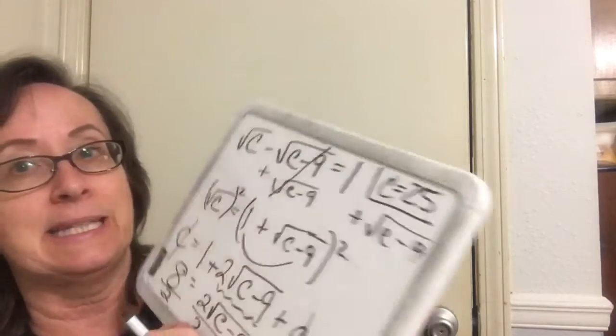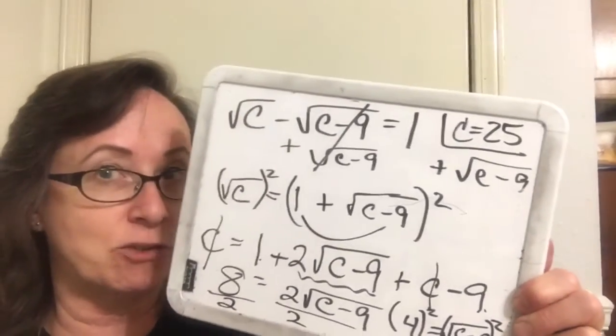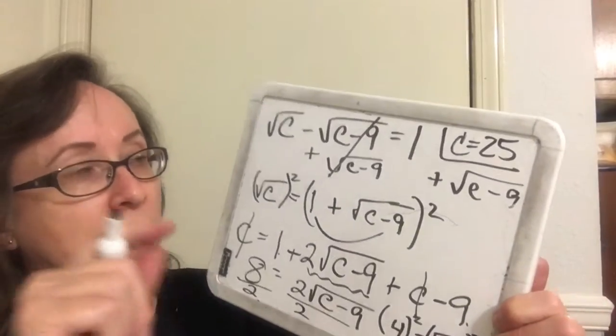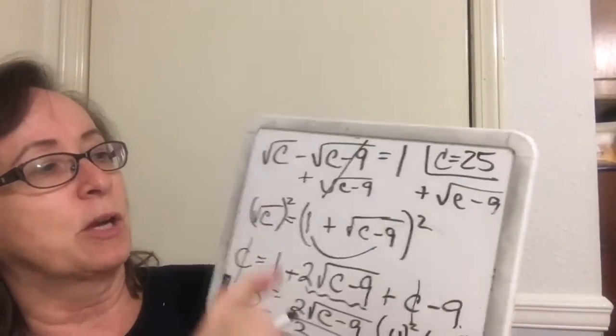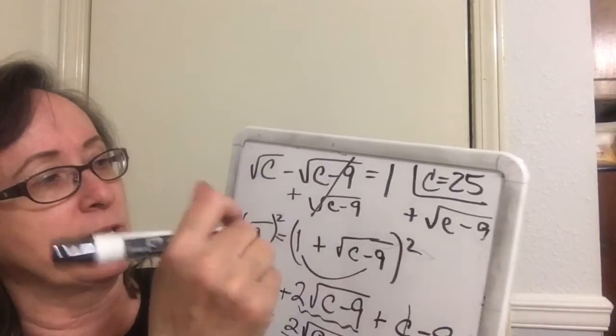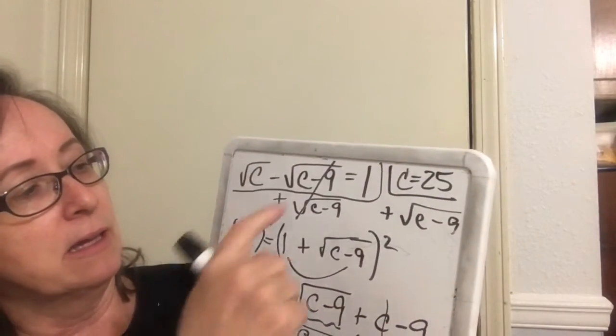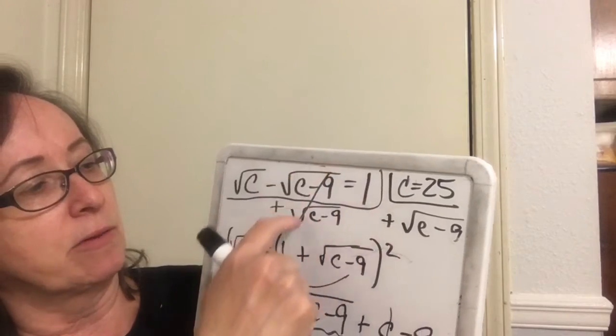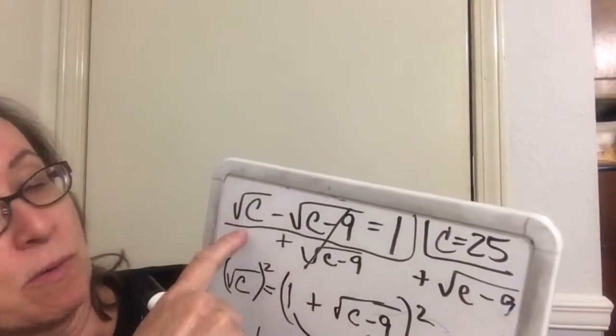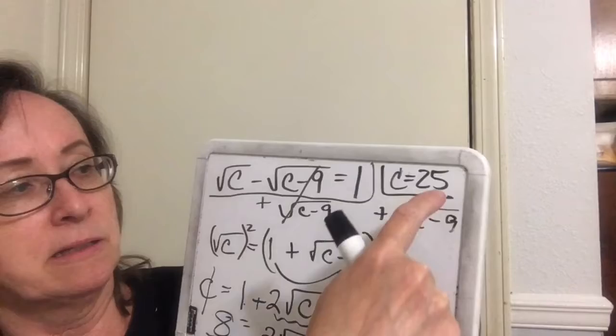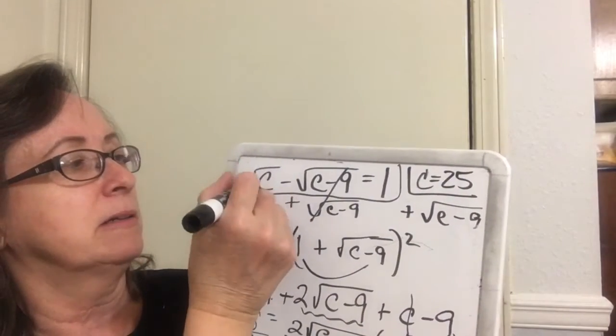So now let's see if c is 25 is a true solution or an extraneous solution. I have to go back up here to the original equation. This was my original equation right here. Pretend this little line through there is not there. So I had the square root of c, so I'm going to put a 25 in here.